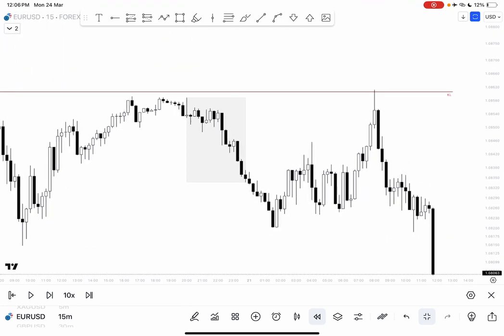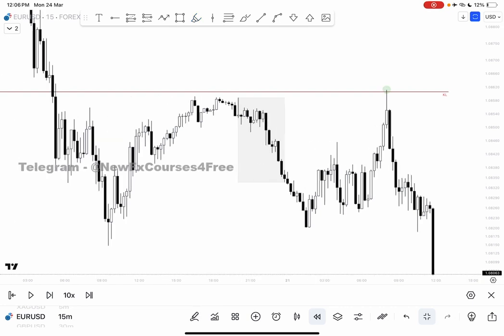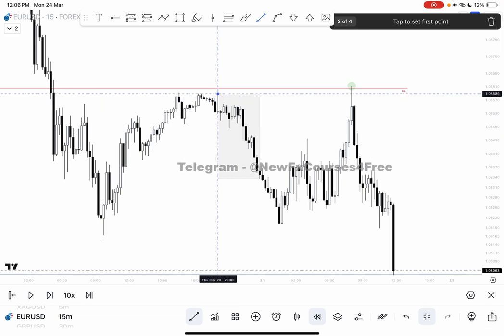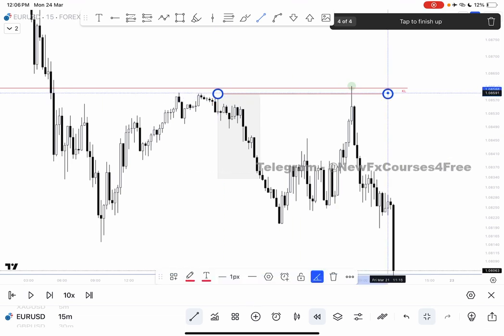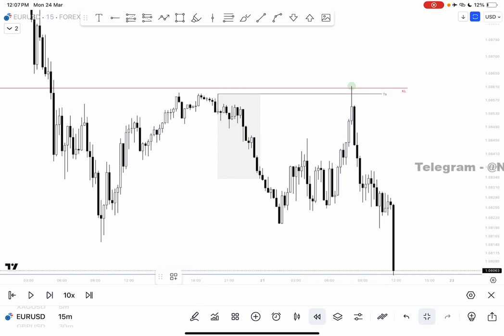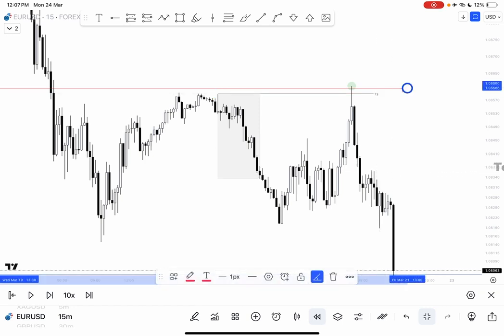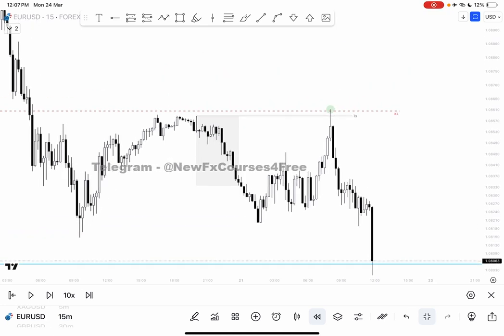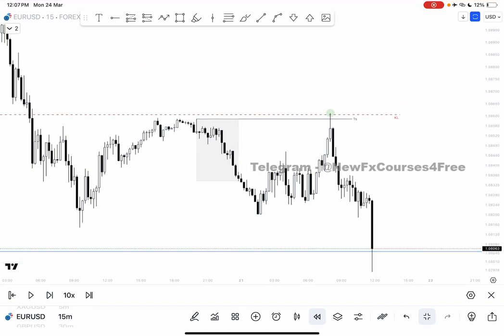You can see how price tapped on it neatly, sweeping where our Asian session high, then having a sharp displacement. Let me make this dashed. Okay, having a sharp displacement indicating lower prices.